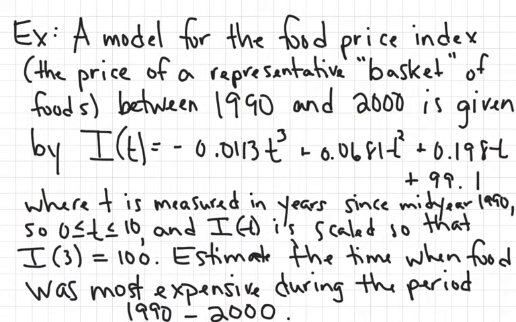Let's do one last example. A model for the food price index, the price of a representative basket of foods between 1990 and 2000, is given by the function I of t, I meaning index, t meaning time, equals negative 0.0113 t to the third plus 0.0681 t squared plus 0.198 t plus 99.1, where t is measured in years since mid-year 1990, so that t is between 0 and 10, and I of t is scaled so that I of 3 is equal to 100.